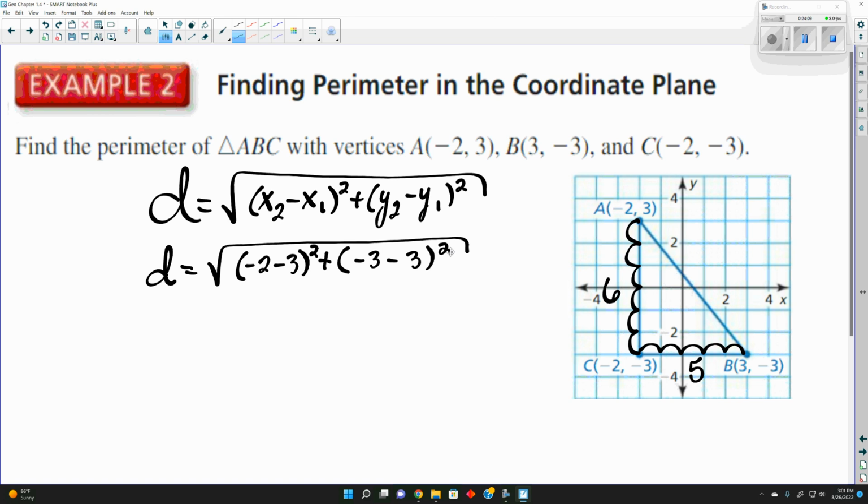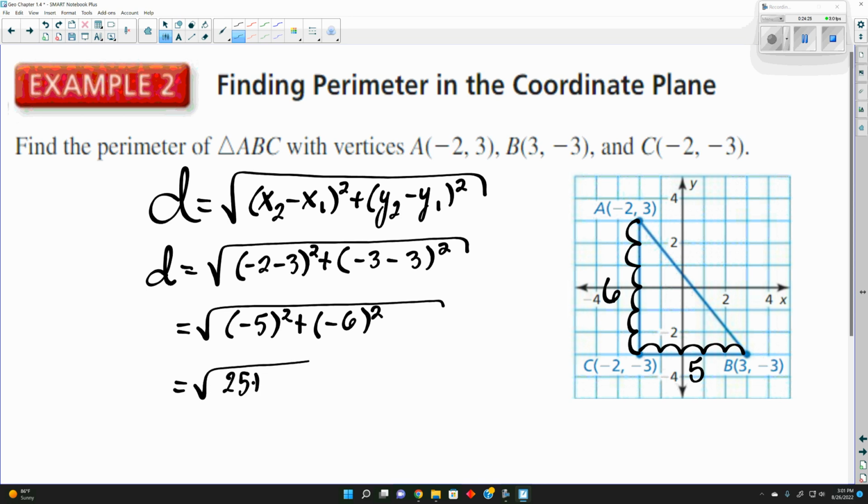Now if we did this by hand, -2 minus 3 is going to be -5 squared. -3 minus 3 is going to be -6 squared. Well, 5 squared is 25. -6 squared is 36.